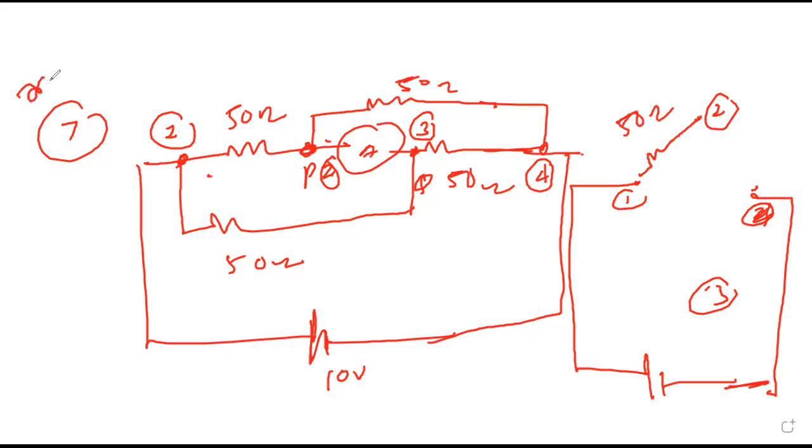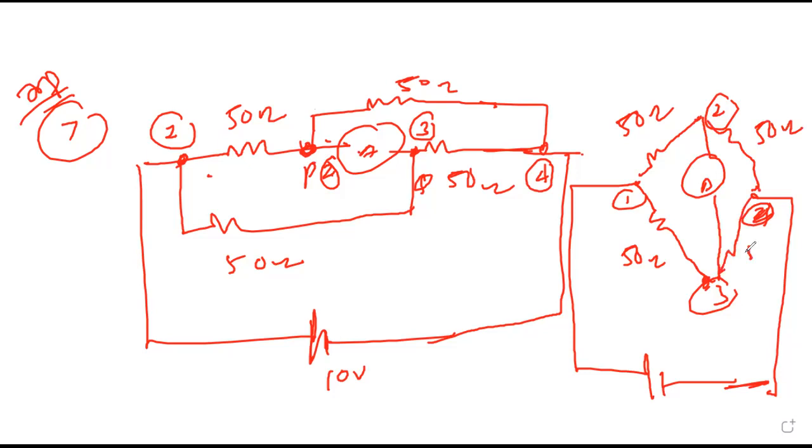Good sum. Between 1 and 3 we have again 50 ohm. Between 2 and 3 there is an ammeter. Between 2 and 4 this is 50 ohm, between 3 and 4 also 50 ohm.